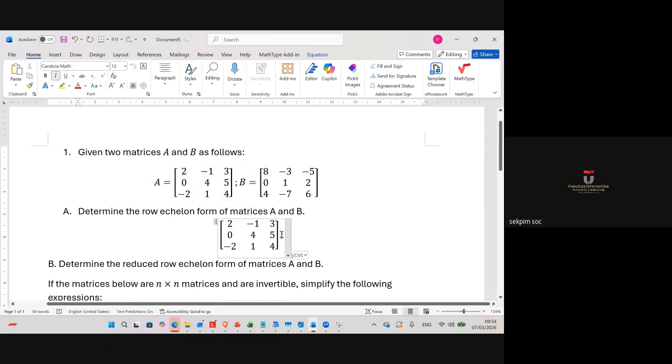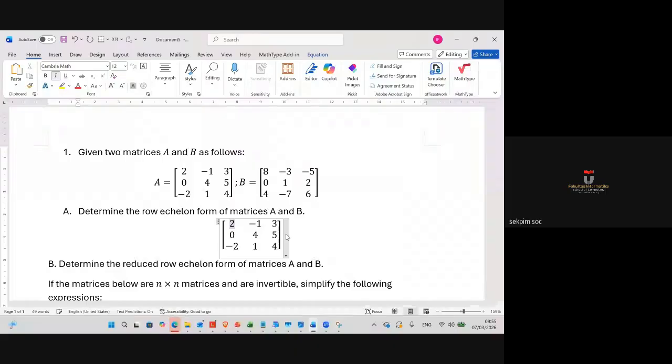So we have A here, right? Okay. So this is our matrix, right? The first one is always start from the first column or first row. Find the pivot, right? So this should be the pivot. You see that we don't have any one element here, right?